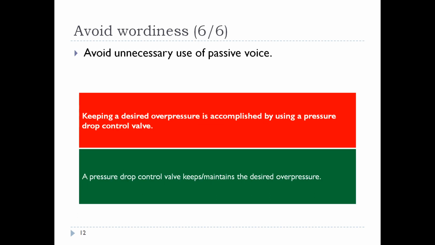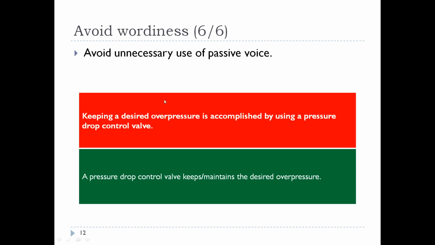Similarly, the last thing that you can do and you should do is to avoid the unnecessary use of passive voice. So we've talked about passive voice in detail in our previous lectures. Here we would just look at an example where, depending upon the kind of document that you're writing, or depending upon the purpose of your writing, the use of passive voice may be considered unnecessary.